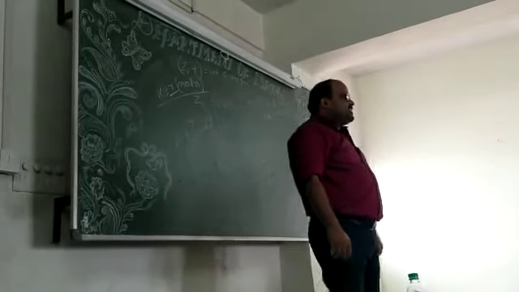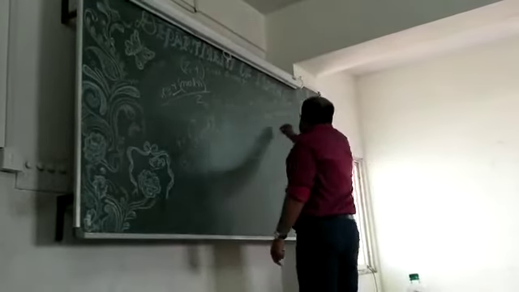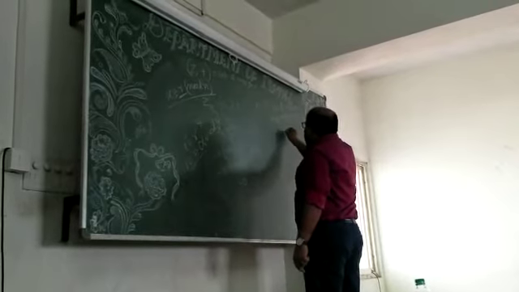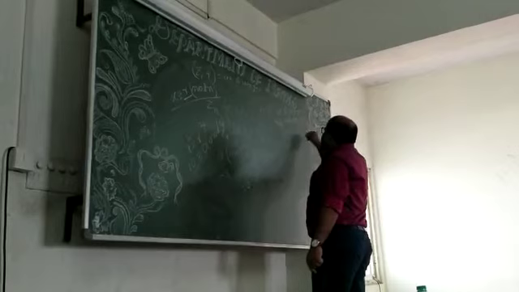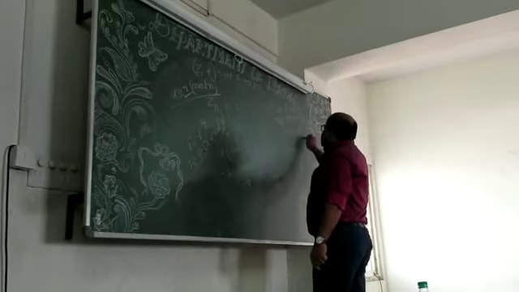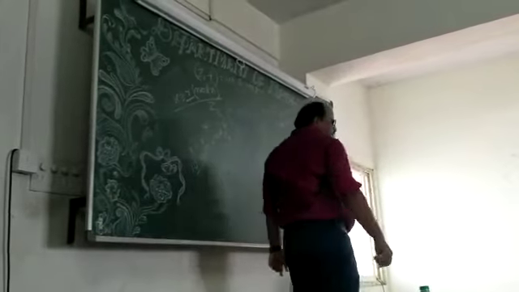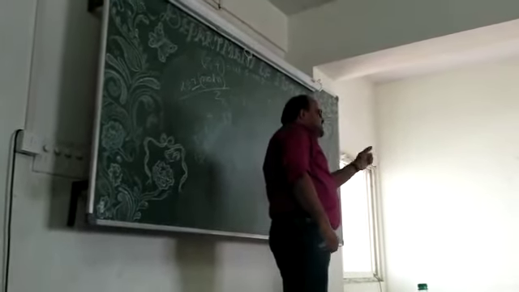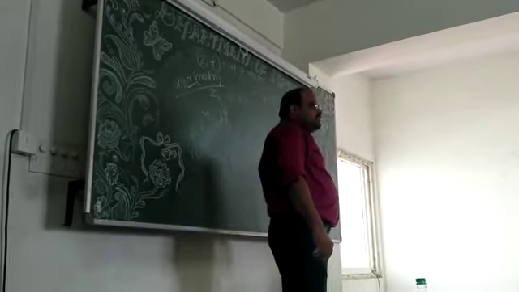How will we divide a negative? Let me write minus 45 modulo 6. First divide 45 by 6. What will the remainder be? 3.